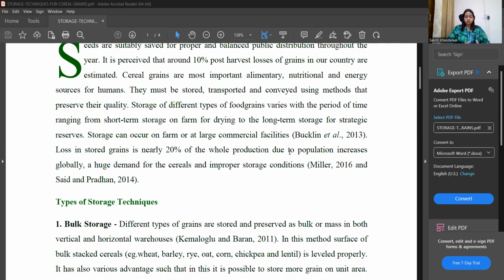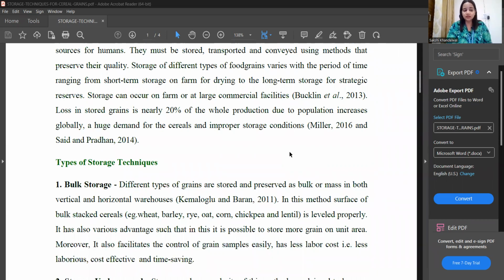How are you going to store the cereals and grains, and what types of techniques are we going to use to store the cereals, millets and pulses, whatever it is? What are the techniques used in our food industries? We are going to study that.